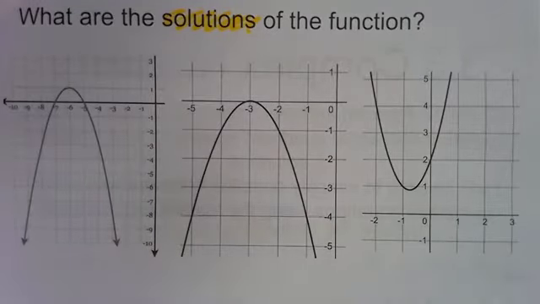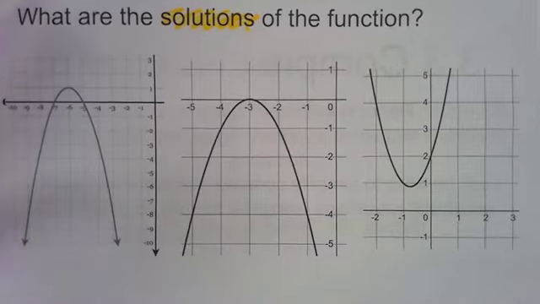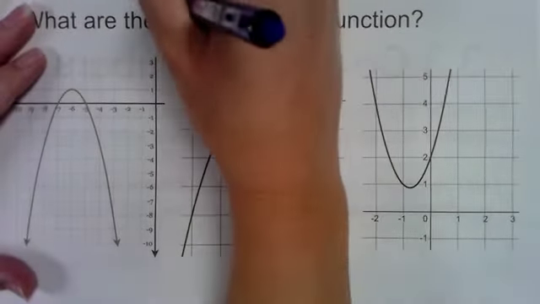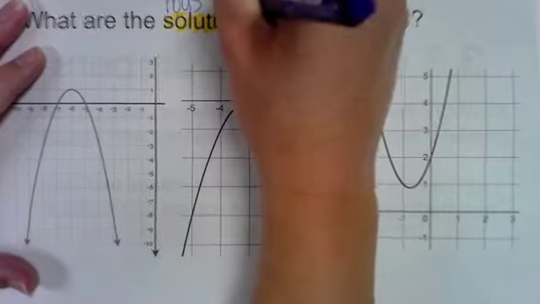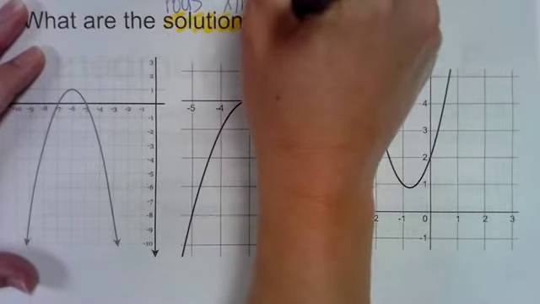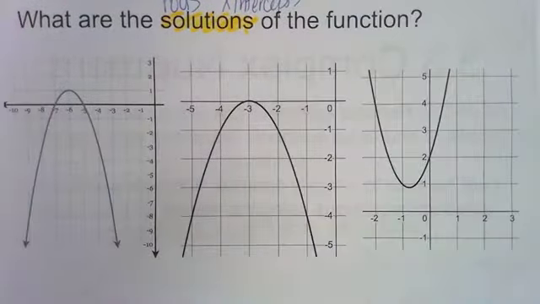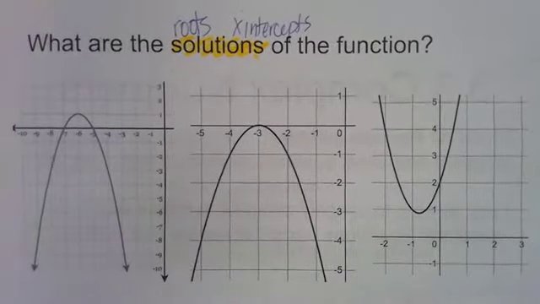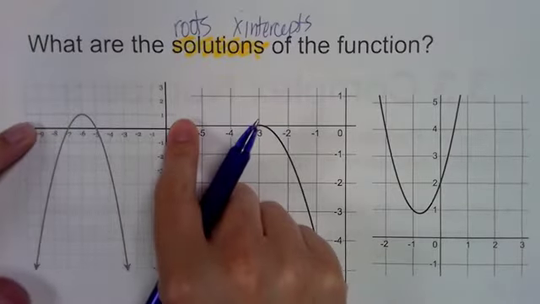So again, what are we actually doing when we're solving for x? What are we actually finding? The roots, yes, we're finding the roots or the x-intercepts, also known as zeros. It has so many words, the roots or the x-intercepts. We're finding where our curve crosses the x-axis.